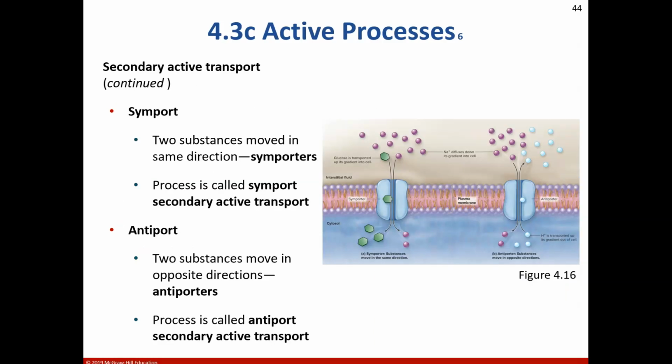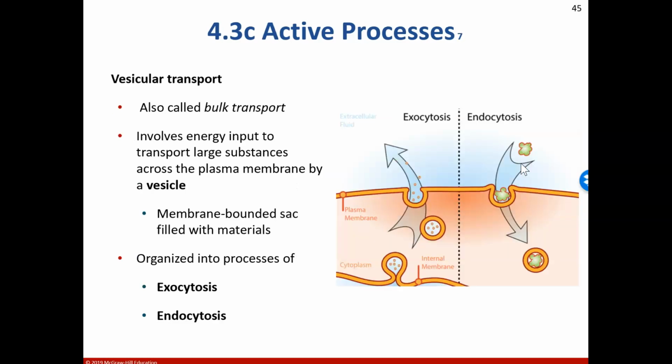So our previous slide was an example of how the primary active transport and secondary active transport work together. And within our secondary active transport, it doesn't necessarily have to always be a symporter. Our secondary active transport can also be an antiporter in which those 2 substances are moved in opposite directions.